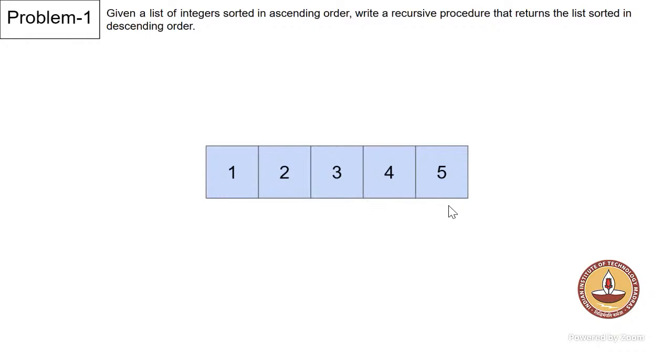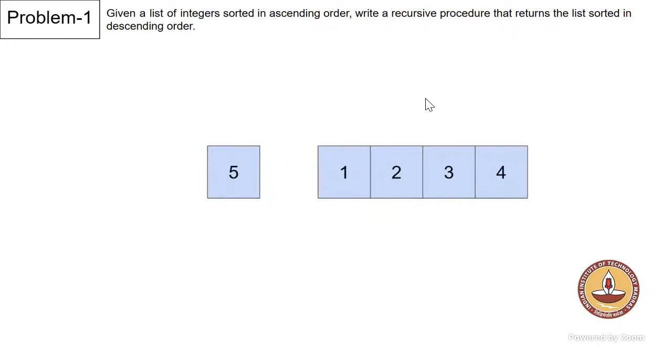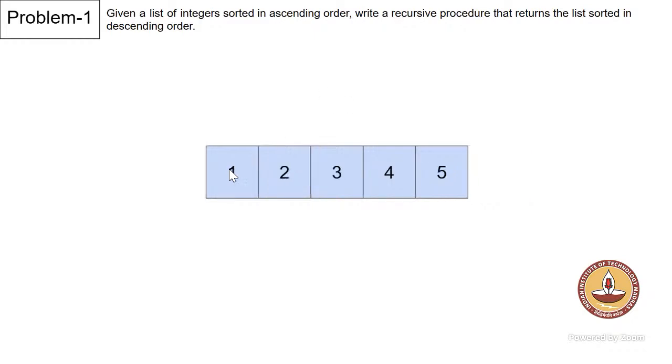This is ascending order, small to big. We want to return a list sorted in descending order, which means from the largest number to the smallest number.